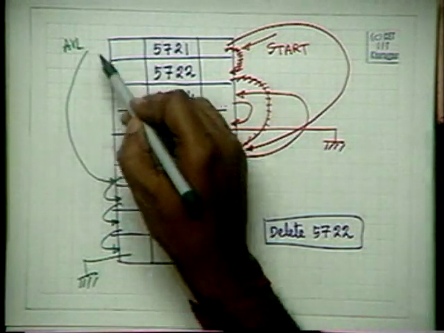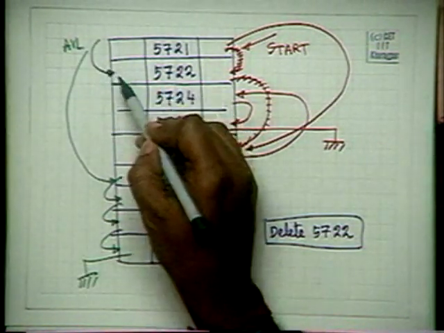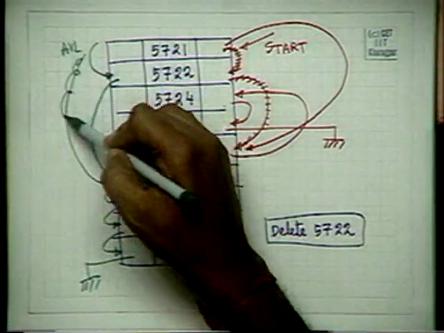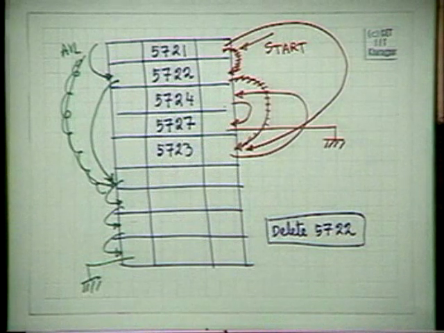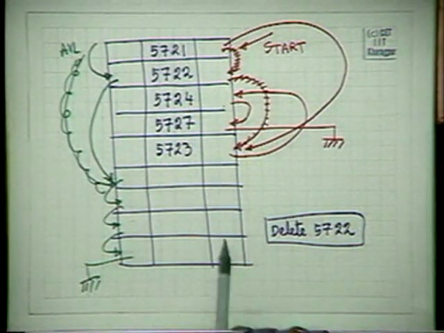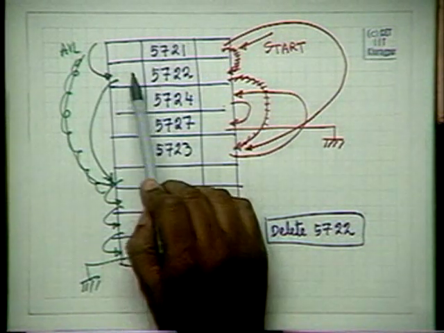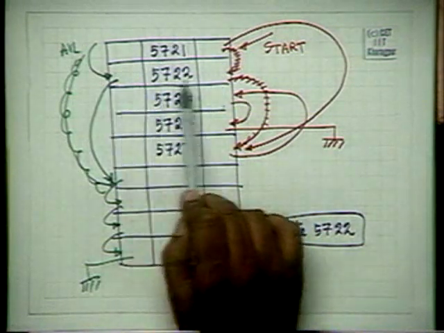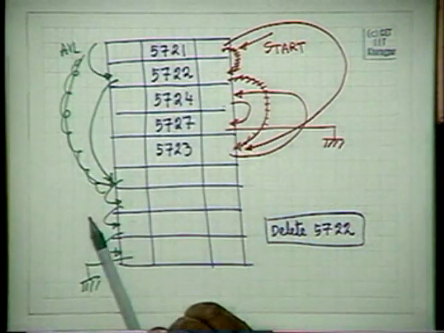What we will do is, we will now make available point here, and this will point to the one where available was pointing to. So next time when you want to insert anywhere, you will insert it here, so you reutilize the space as much as possible.